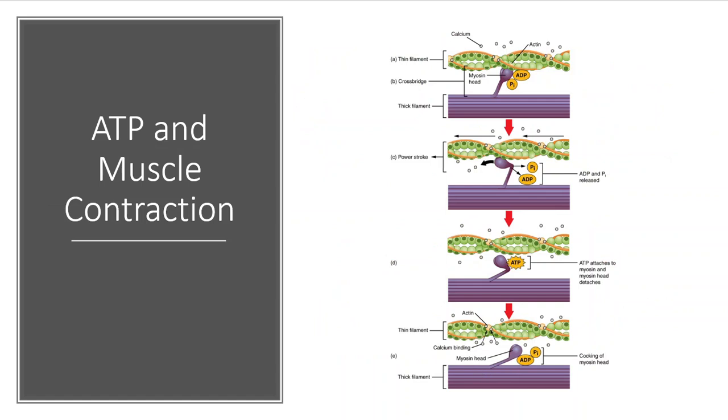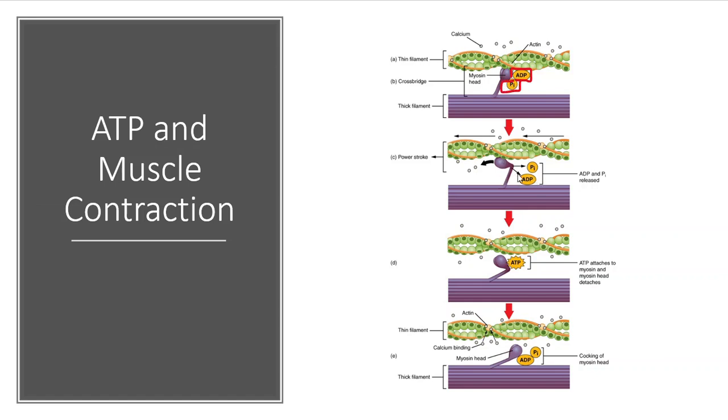Let's talk about this actual contraction. So there's our thick filament. The calcium is bound to the troponin, so the binding sites are unblocked. The myosin is going to bind to it. Now notice that this guy has ATP that's already been broken down into ADP and a phosphate.